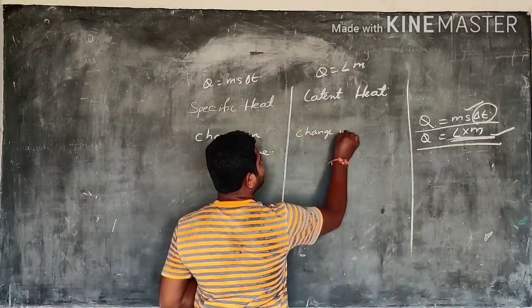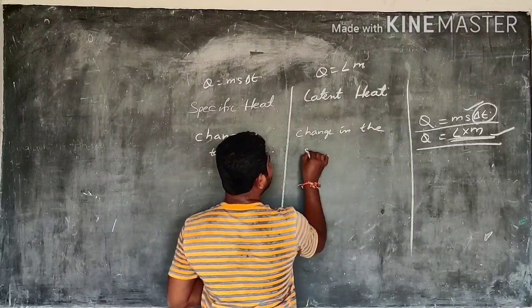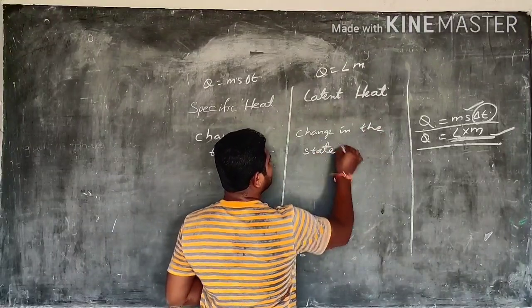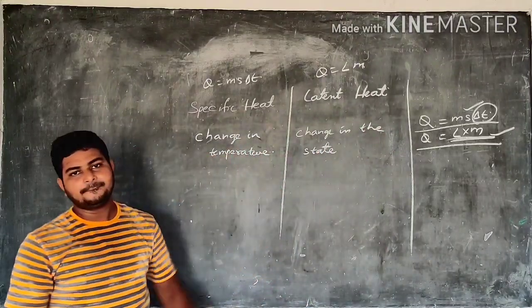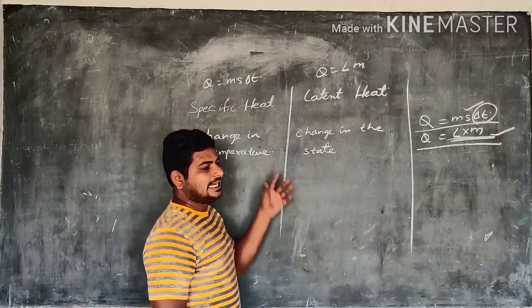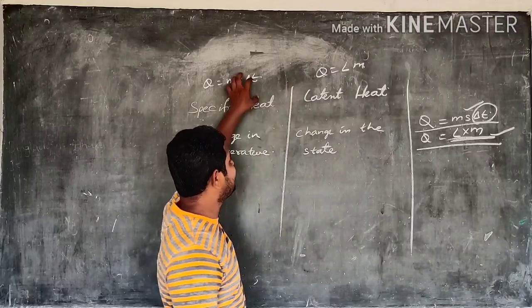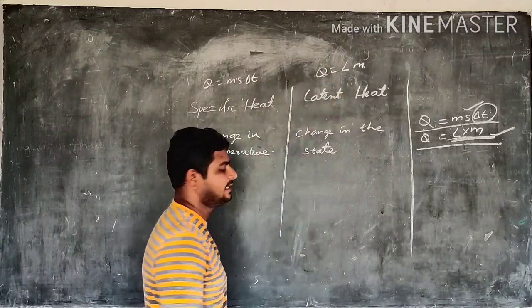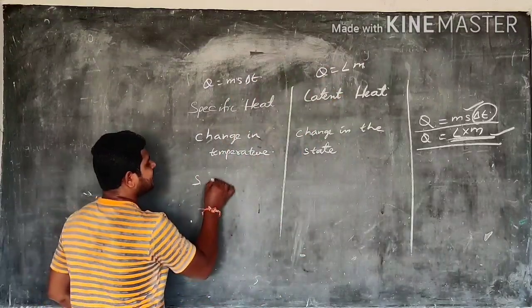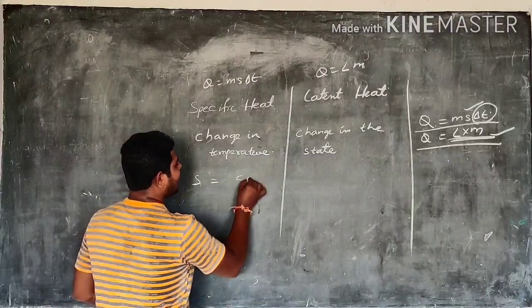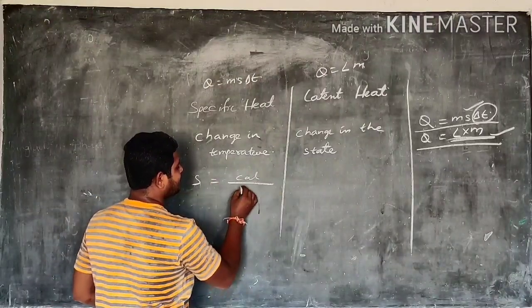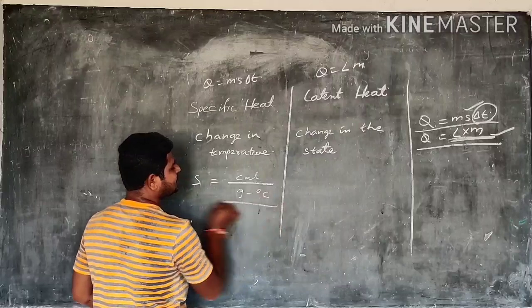I don't want to write the definitions again, but it is very important to know the difference between the units of specific heat and the units of latent heat. Units of specific heat: calorie per gram per degree Celsius.